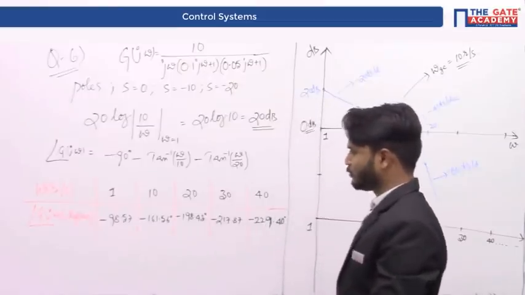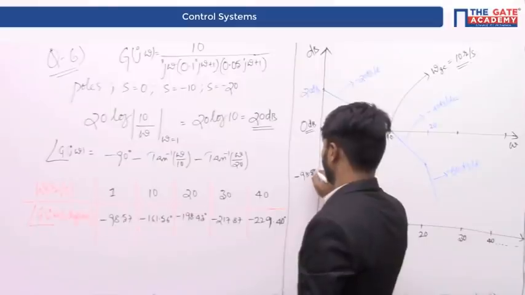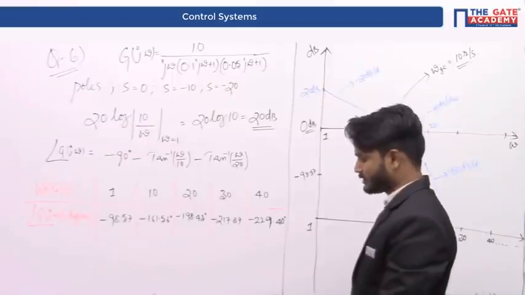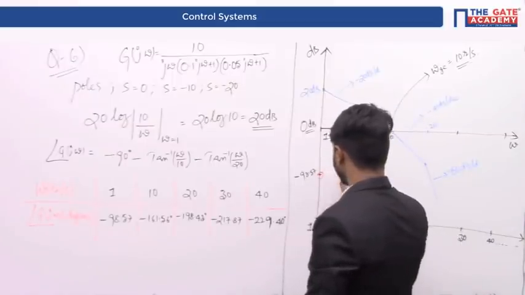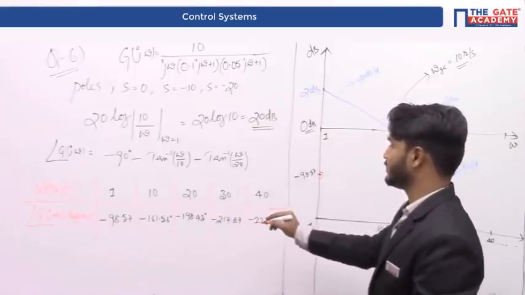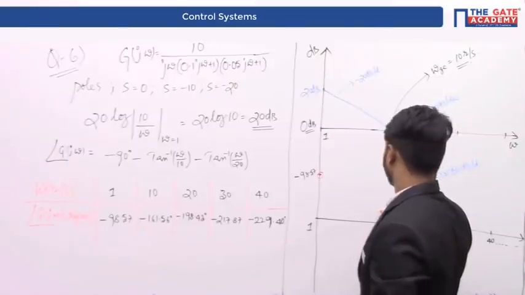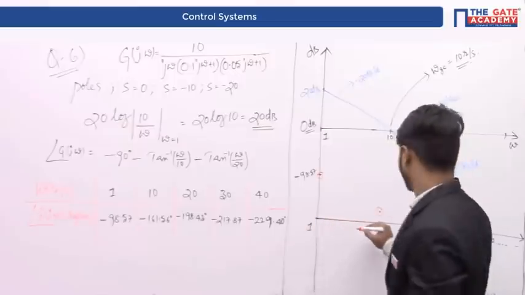But exactly at omega equal to 1, it is going to be minus 98.57. Therefore, I am showing minus 98.57 somewhere here. When omega is equal to 10, it is minus 161.56.